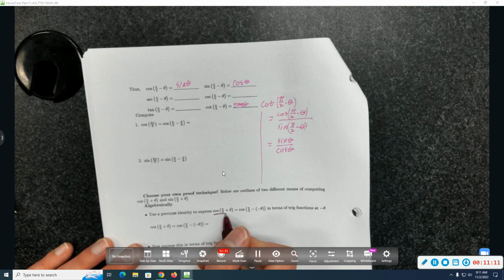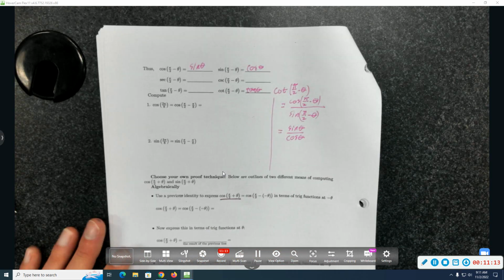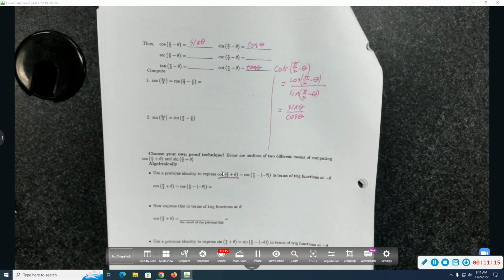I'd like to compute cosine of pi over 2 plus theta. And I don't know what happens when you add pi over 2 to an angle. But I know what happens when you do subtraction instead. Well, addition is basically subtraction. It's just subtraction by negative theta.